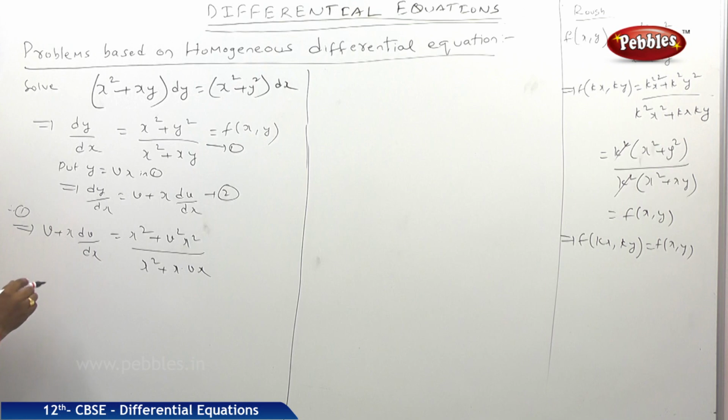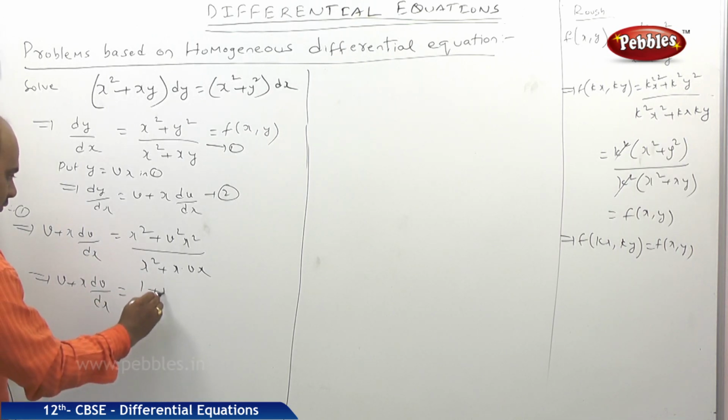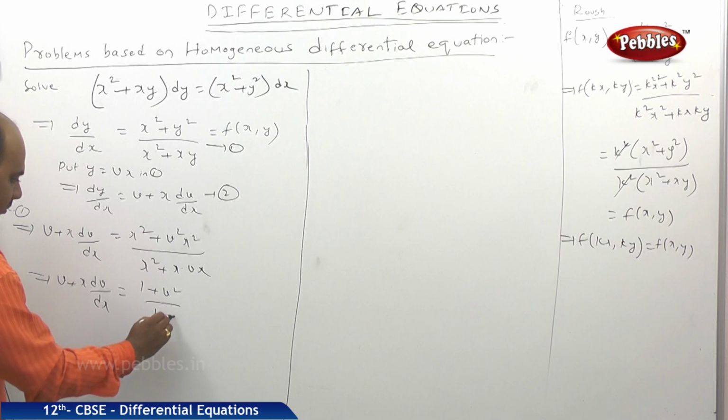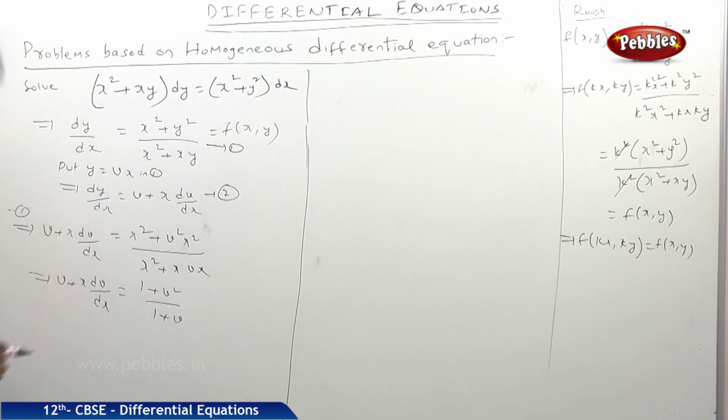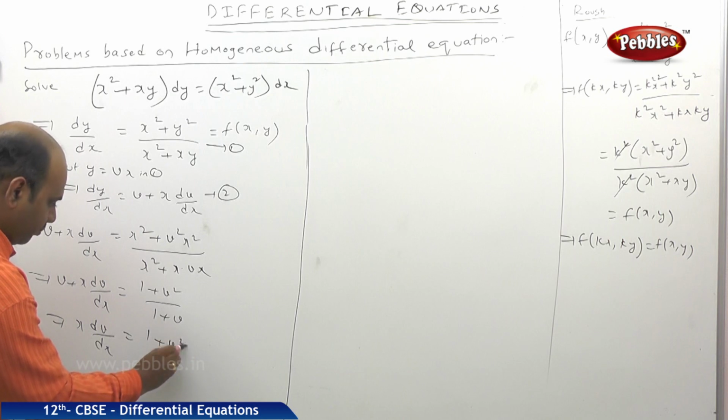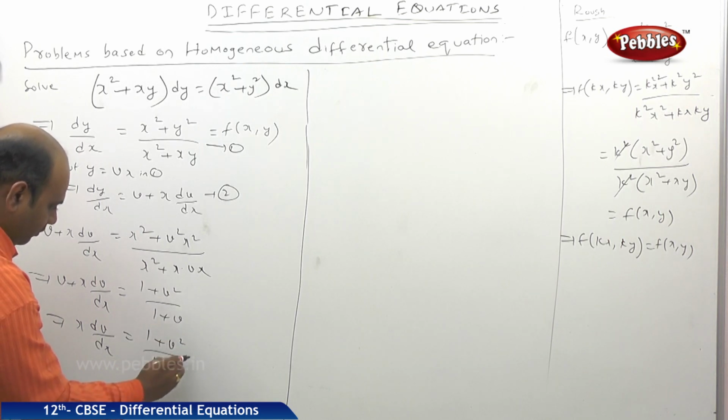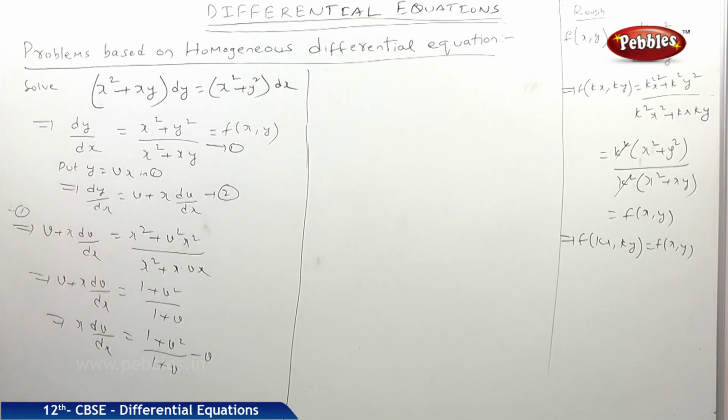So finally v plus x into dv by dx is equal to (1 plus v square) divided by (1 plus v). I think x square will be getting cancelled. So finally x into dv by dx is equal to (1 plus v square) by (1 plus v) minus v.